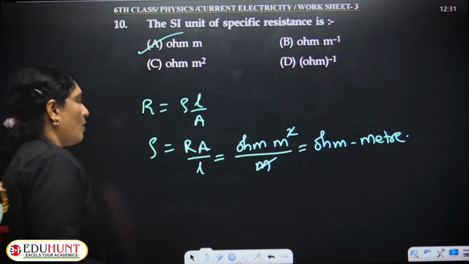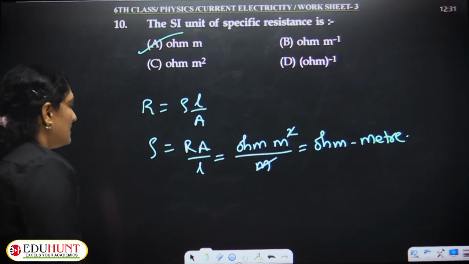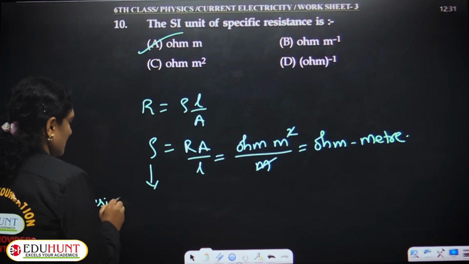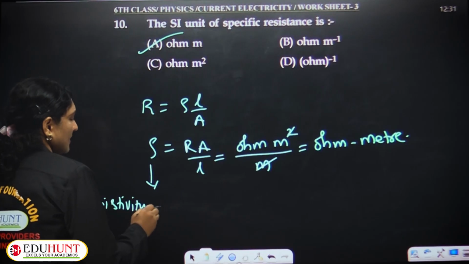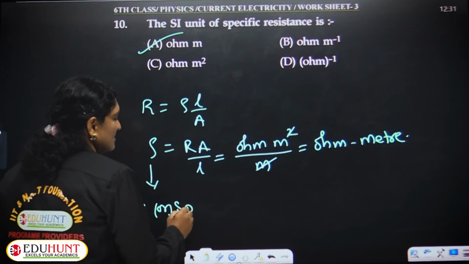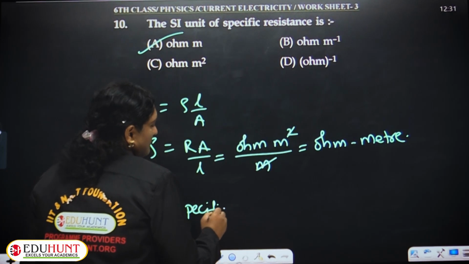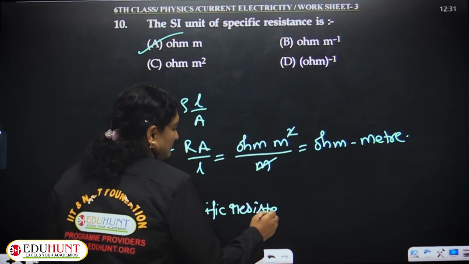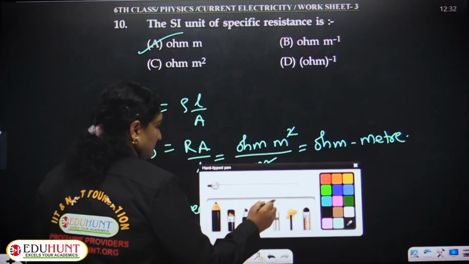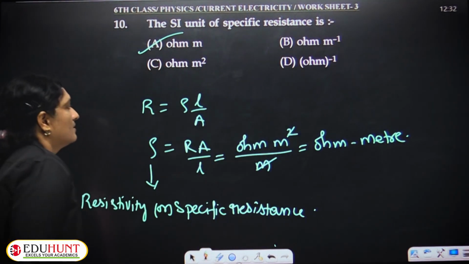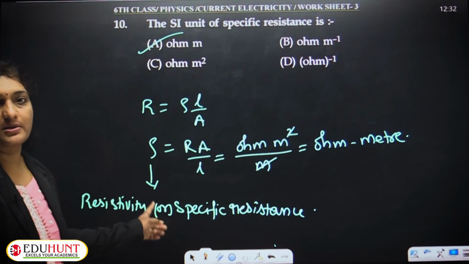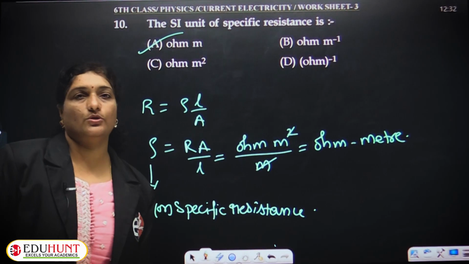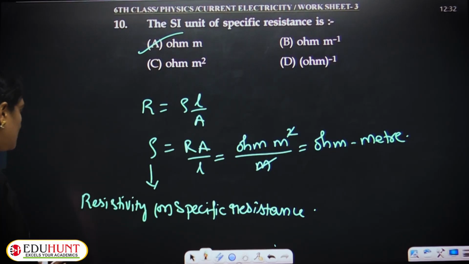Here goes option A. This has two names, one is resistivity and the other name is specific resistance. Either specific resistance or resistivity, it is the same thing and its unit is ohm meter. So, the first one is true.